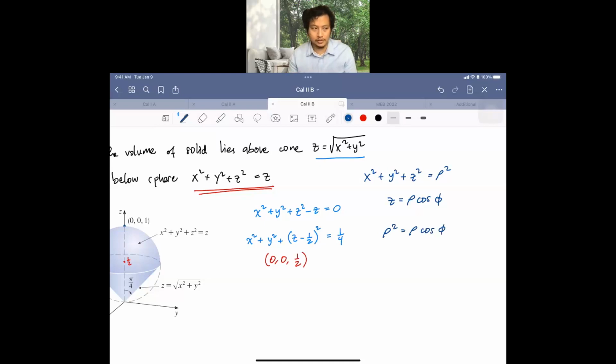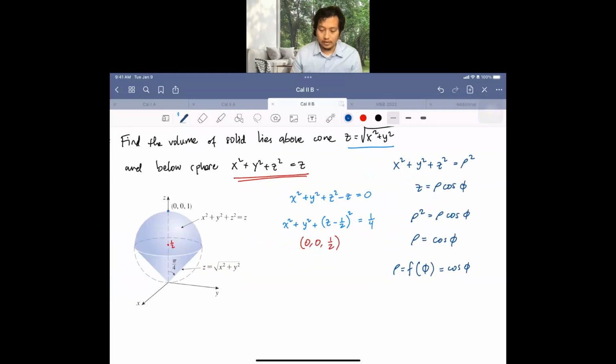We have this equation, so rho is actually cosine psi. So actually, we can describe our radius in terms of a function of psi. So we could say that our rho is a function of psi.